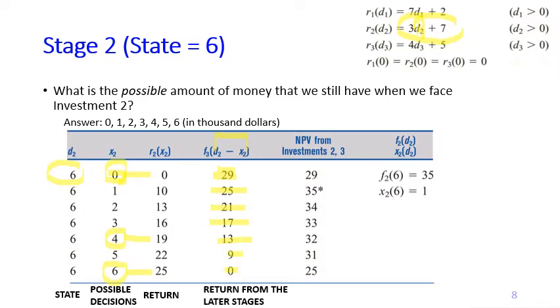Take the sum and then pick the maximum among these. So the best return is $35,000. The best decision is investing $1,000 if the stage equals 2 and the state equals 6.